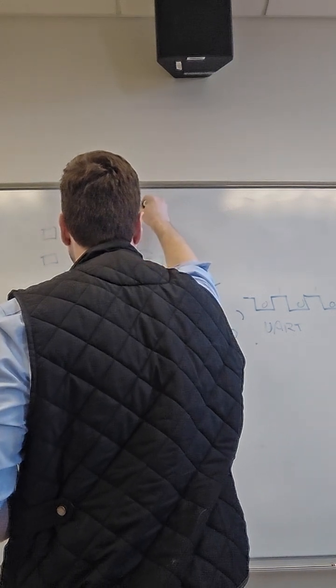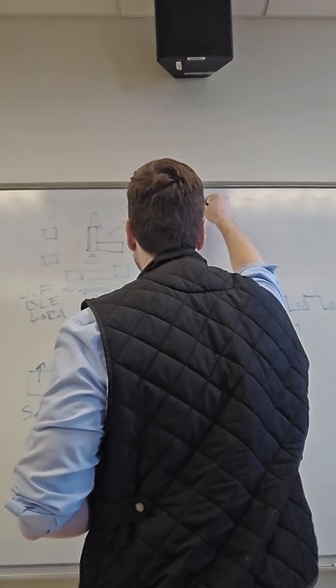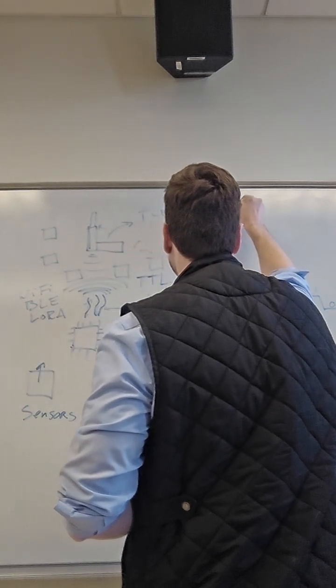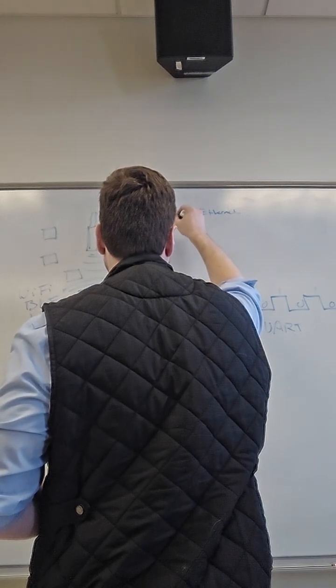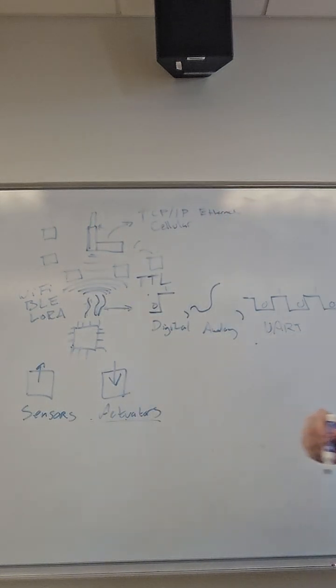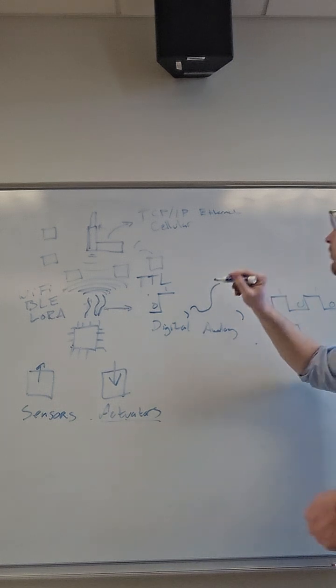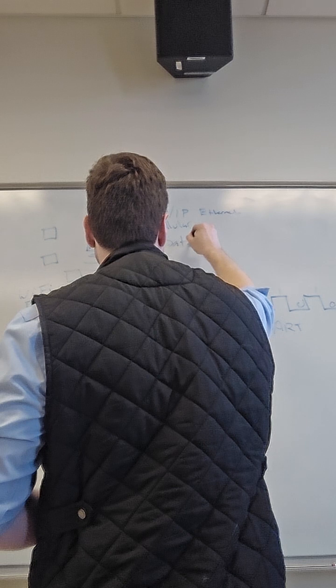This would either go to, like I just said, TCP/IP LAN, Ethernet. It might go over cellular, right? If you're in a field somewhere and there isn't a landline anywhere, you might have to shuttle that over cellular. If you're really out in the boonies, you might even do satellite.